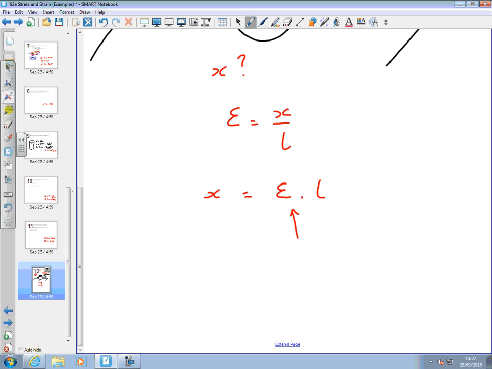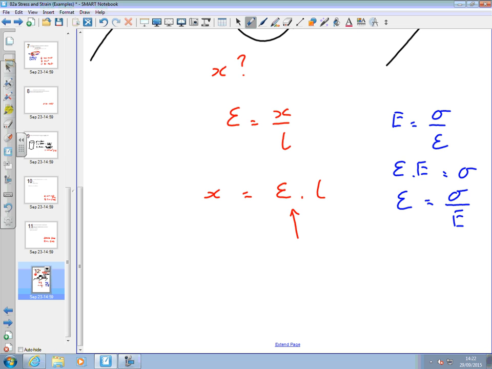So I look for another formula that involves the strain. And that is that Young's modulus E is stress over strain. So I rearrange that formula for strain. I multiply both sides by epsilon to get it up to the top over here, and then I divide by E to get rid of that. So the strain equals the stress over Young's modulus.